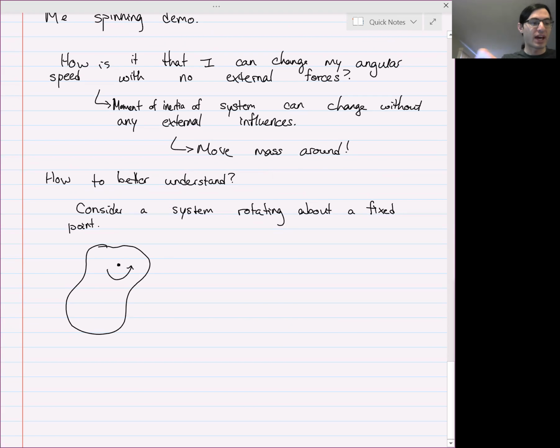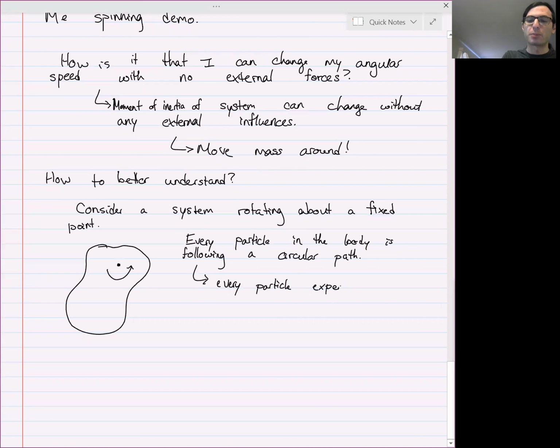In this case, every particle in the body, every chunk of mass, whatever you want to call it, is following a circular path, right? They're all going in a circle around that point. We know what happens when a thing undergoes circular motion. That means that every particle, except perhaps the one at the center, experiences an acceleration, and in particular a centripetal acceleration, right?